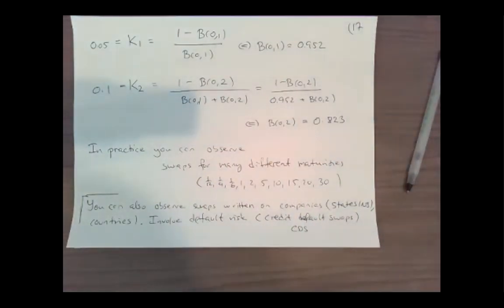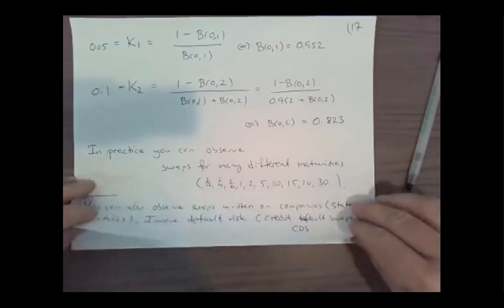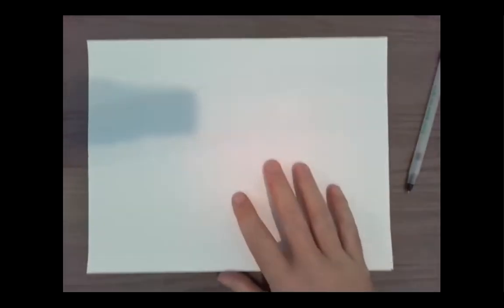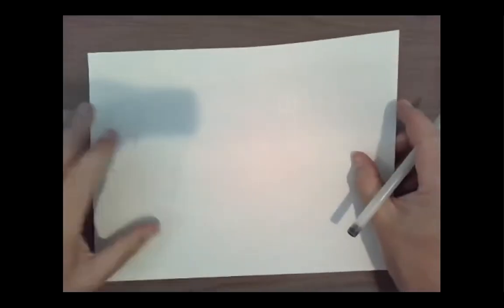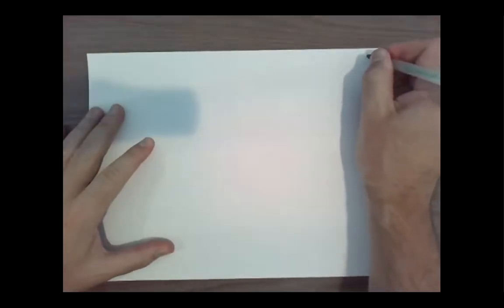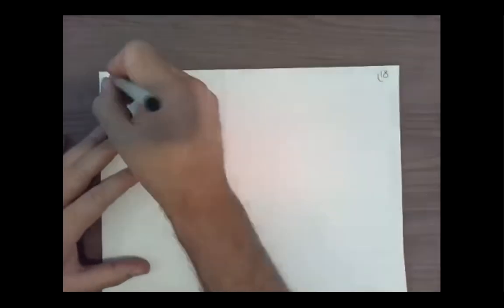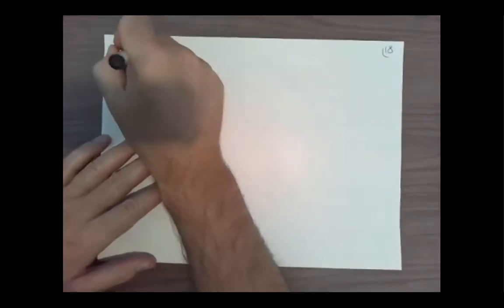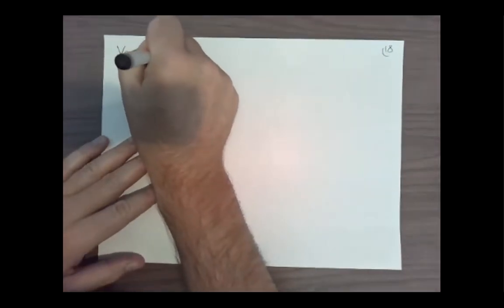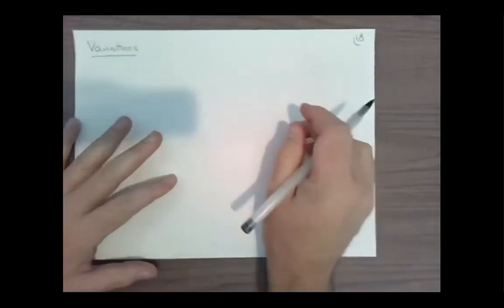So now we can start playing some tricks on top of this. There are variations of this swap that we've been looking at here. So let's look at some variations. They're not big variations, but there are some variations.